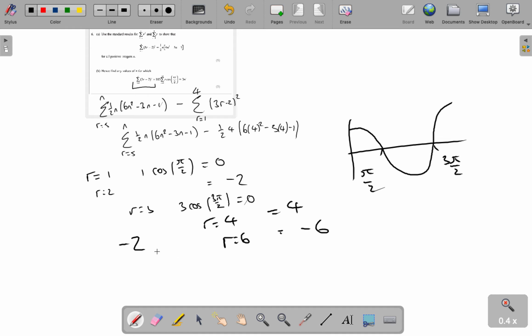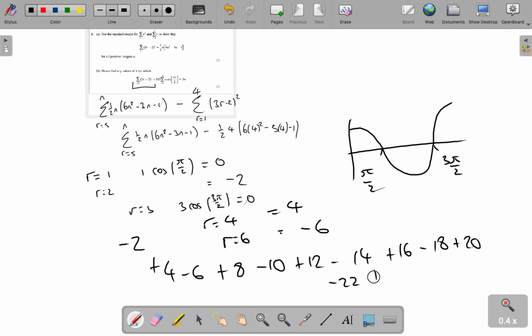So you start to see a pattern: plus 4 minus 6, and this will continue onward: plus 8 minus 10 plus 12 minus 14 plus 16 minus 18, all the way through, plus 20 minus 22 plus 24 minus 26 plus 28.